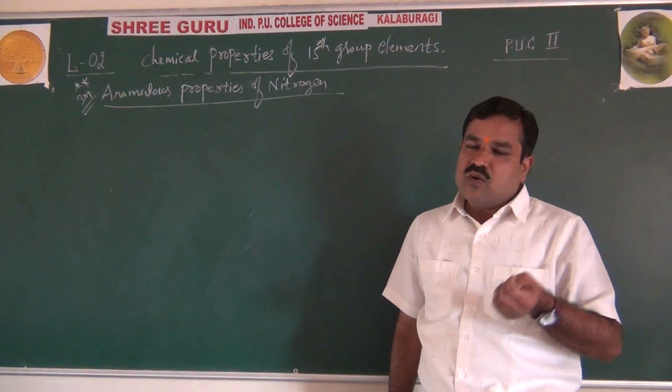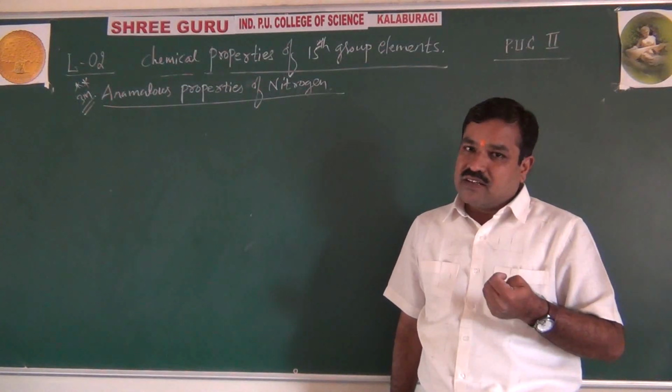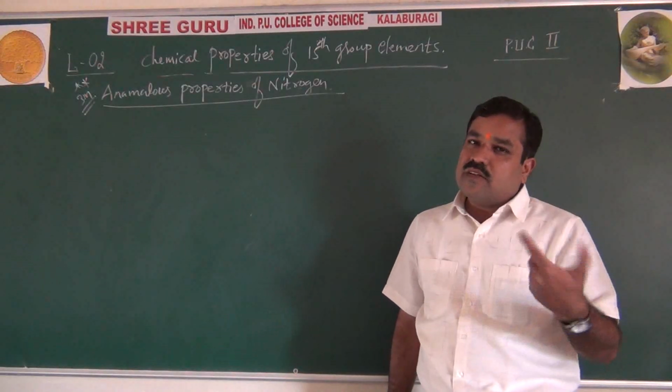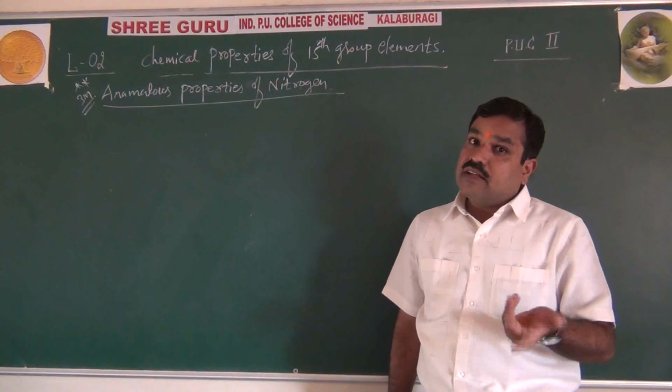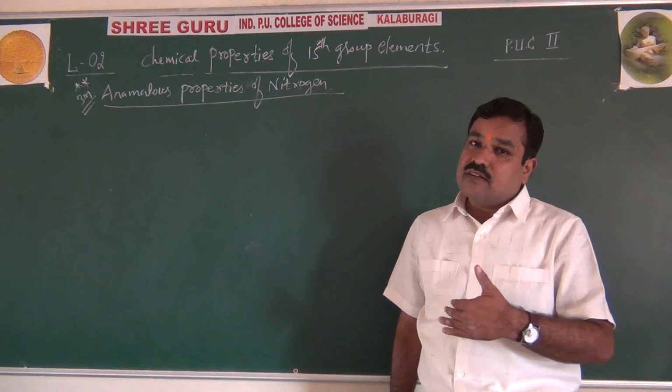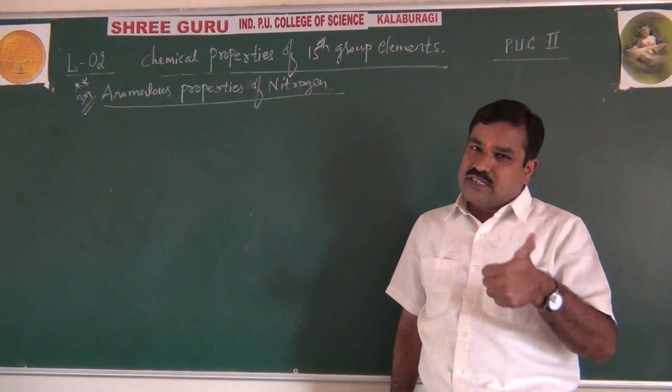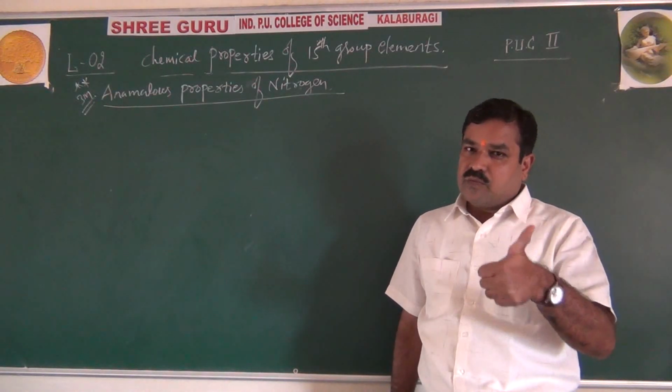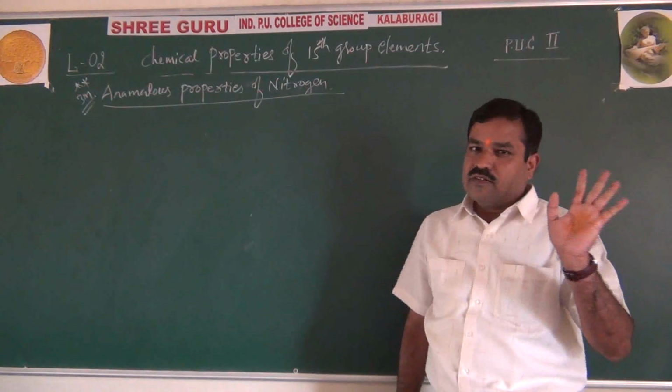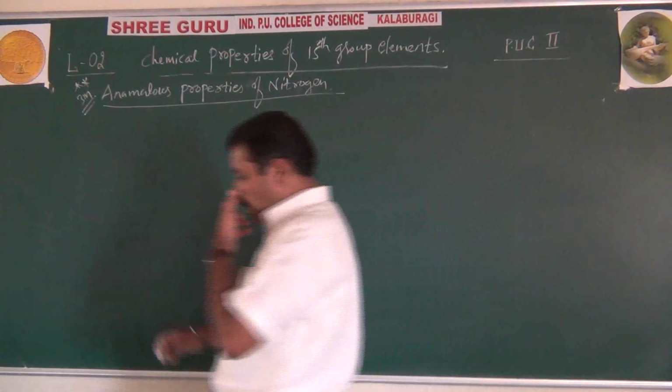Last year I also told you about group 13 and 14 elements: how boron differs from other elements and how carbon differs from other elements. Like this, nitrogen for group 15, oxygen for group 16, fluorine for group 17. The same trend follows.